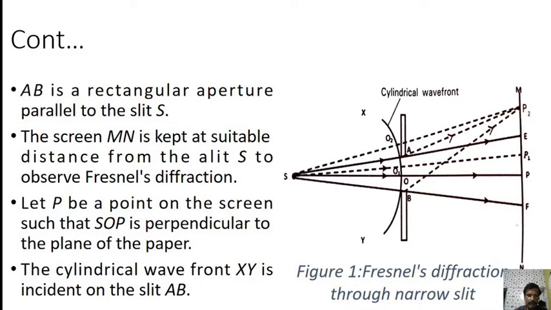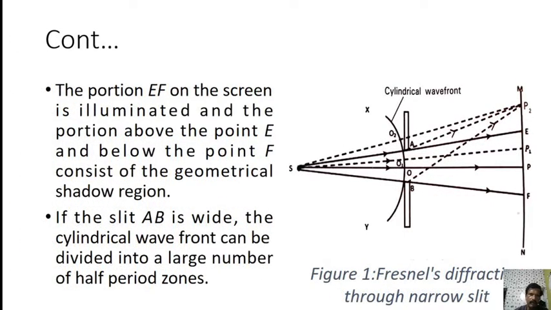The cylindrical wavefront XY is incident on the slit AB. Observe the cylindrical wavefront incident on AB. So now the portion EF on the screen, look at the portion EF, that is on either side of the point P. EF on the screen is illuminated, and the portion above the point E and below the point F consists of the geometrical shadow region.